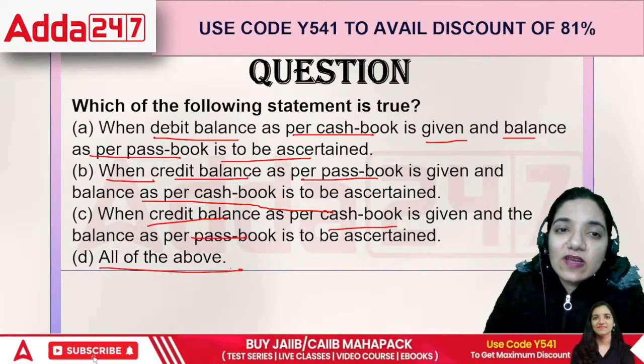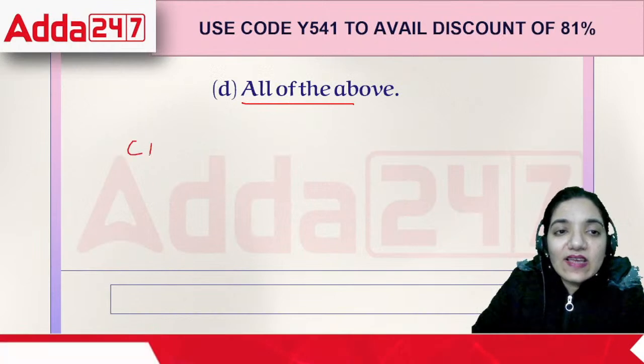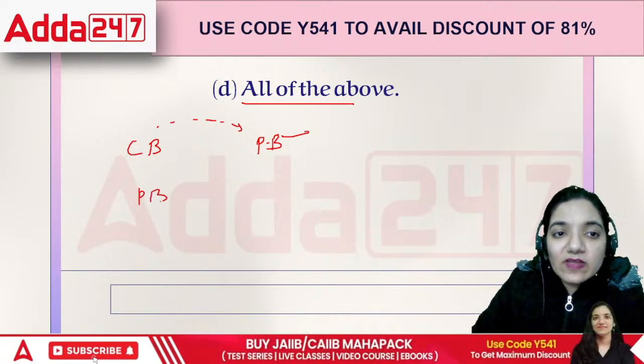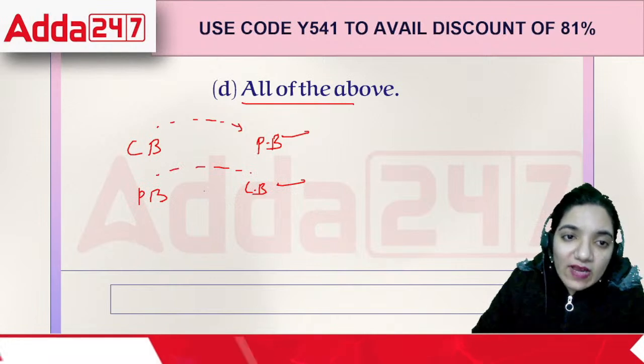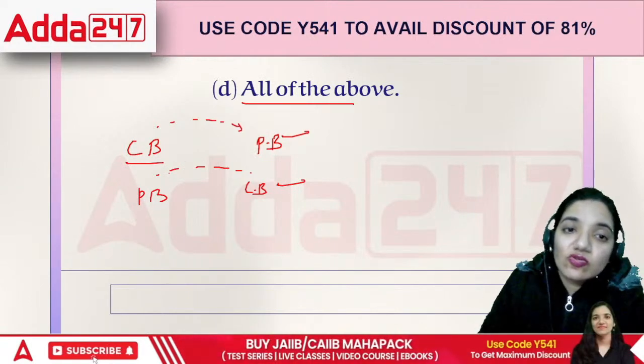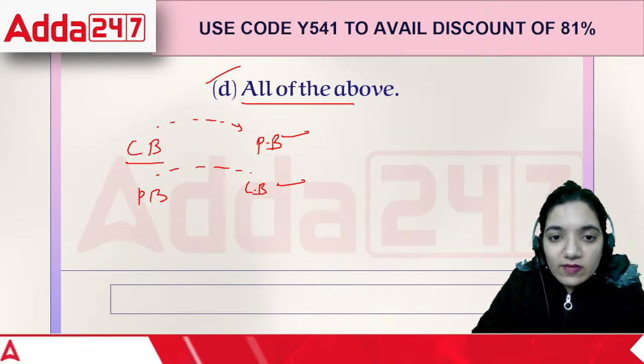If you talk about it now, it is basically all of the above. If we are standing at the cash book and we are trying to reach the passbook, that's also true. If we are standing at the passbook trying to reach the cash book, that is also true. If we are trying to make an amended cash book, that means we are trying to correct our cash book first and then we are trying to reach it, that is also true. So the correct answer is all of the above.